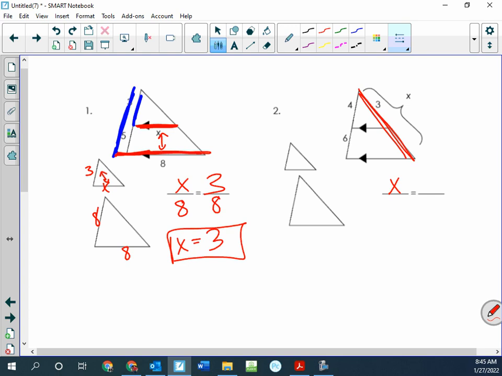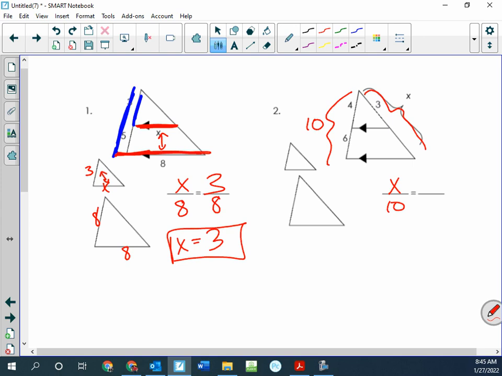What is x? What could x match up with? X is all of this, and there's 10.